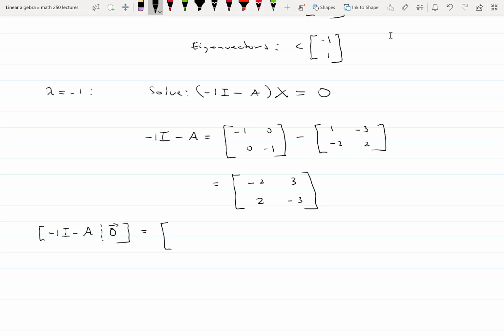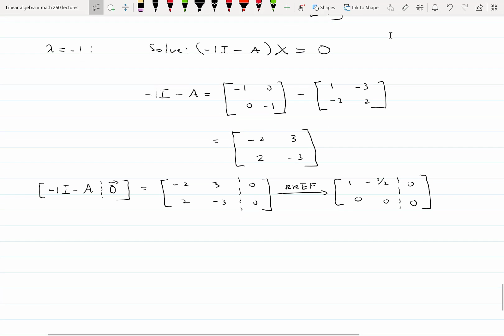And that gives us -2, 3, 0, 2, -3, and 0. We find the RREF. And that turns out to be, let's see, I did it for us here, 1, -3 halves, 0, 0, 0, and 0.